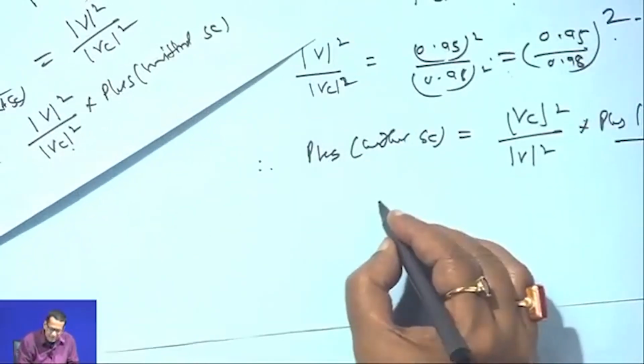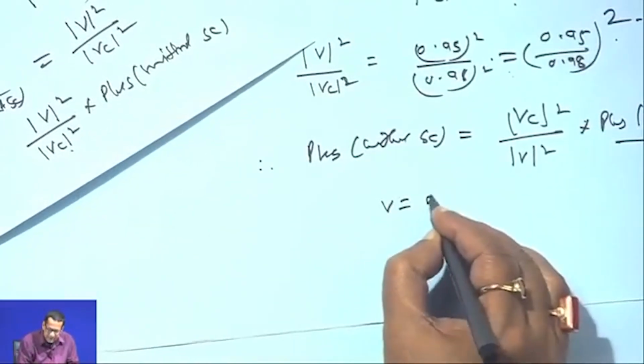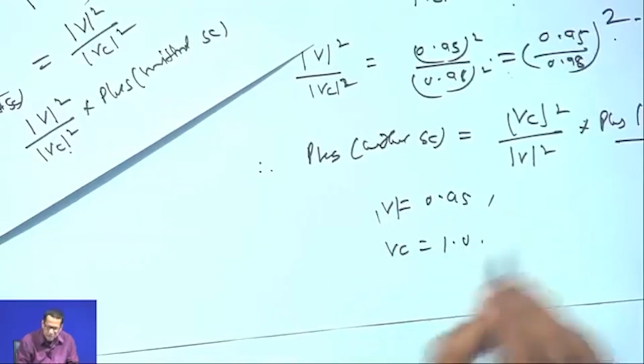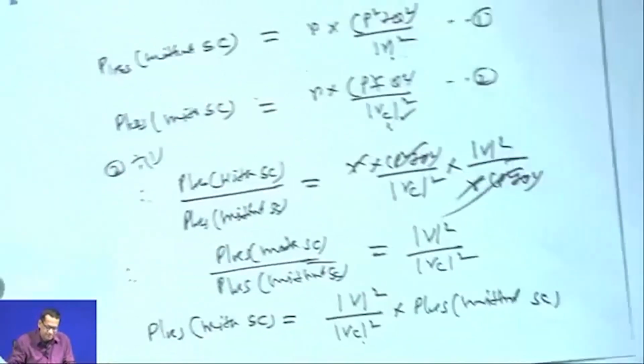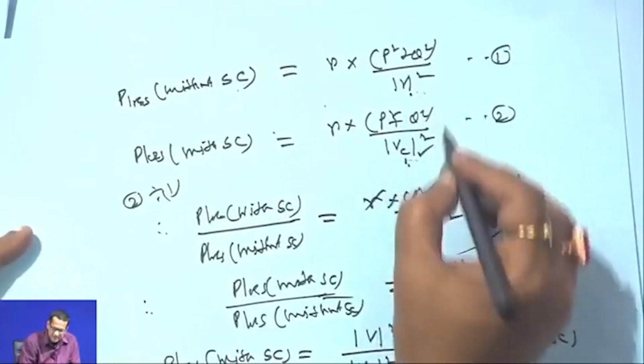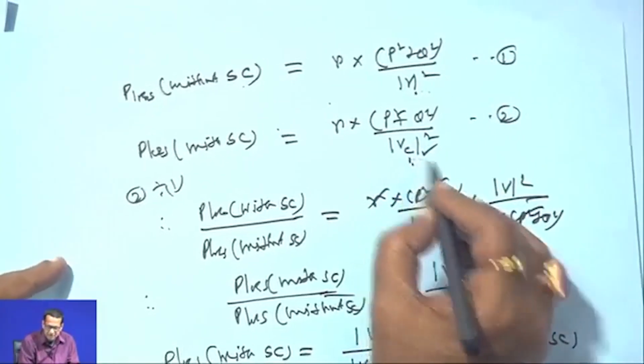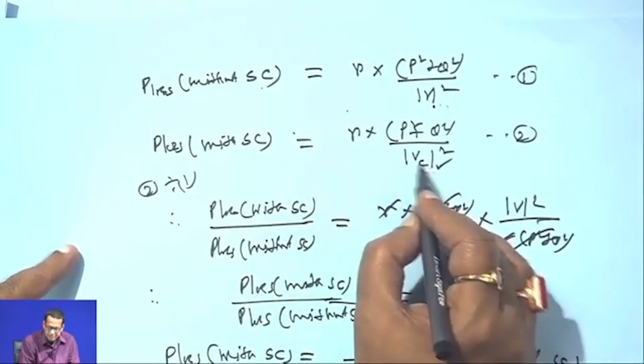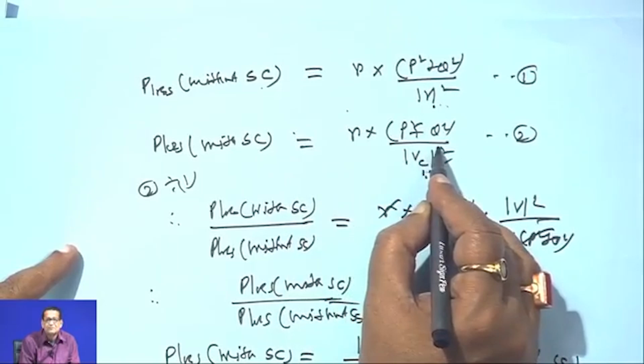Another thing, for example, suppose V is equal to 0.95 per unit, and suppose Vc is equal to 1.0. For the purpose of explanation, if Vc is equal to 1.0, the loss will be R into P square plus Q square.